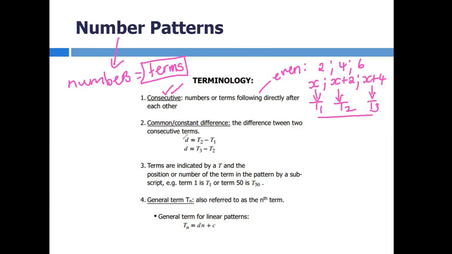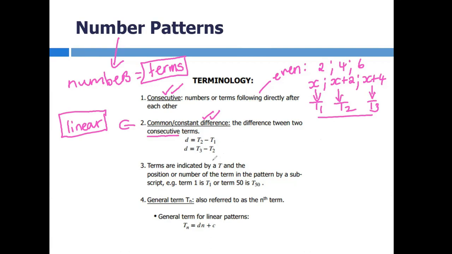Then the other word that we see a lot in number patterns is constant difference. Because like I told you, we are dealing with linear or arithmetic patterns in grade 10. So for you to see that it is a linear pattern, you will notice what we call constant difference. So when you subtract two terms, that means two terms that are consecutive, right? Please be very careful about that. The terms must be consecutive terms.